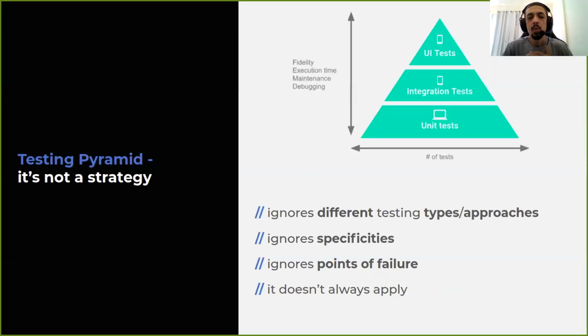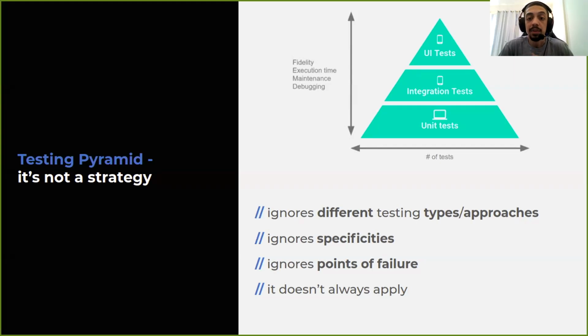But when you think about the testing pyramid, considering everything I have talked about until now, we can see that the testing pyramid is not actually a test strategy. It's part of your test strategy if you want to apply it, but by itself it doesn't represent your test strategy, because it's just guidance on a specific percentage of types of testing that you should have in your application.